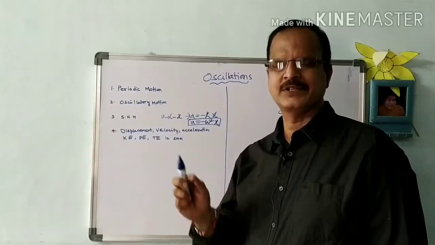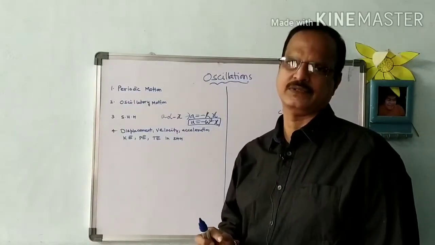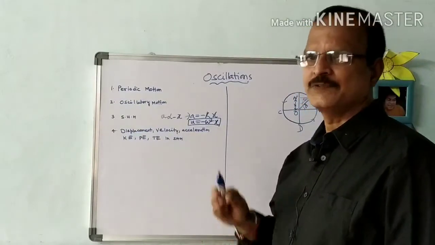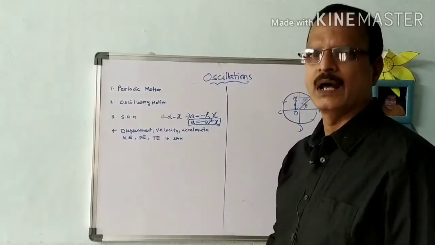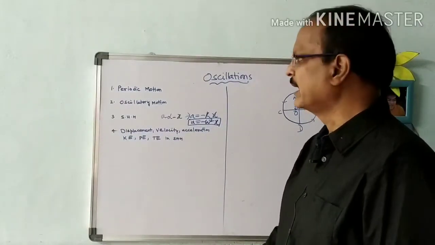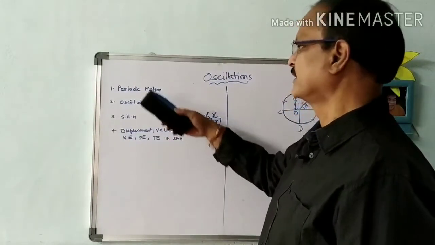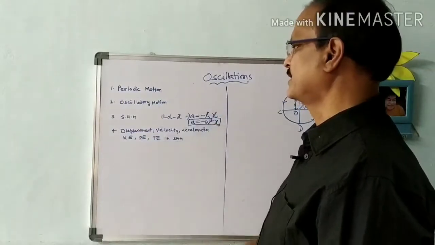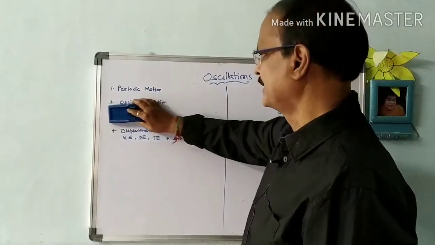Acceleration and displacement must be in opposite directions. If a particle satisfies all these conditions, then it is said to be in simple harmonic motion. So we have three types of motions: periodic motion, oscillatory motion, and simple harmonic motion.